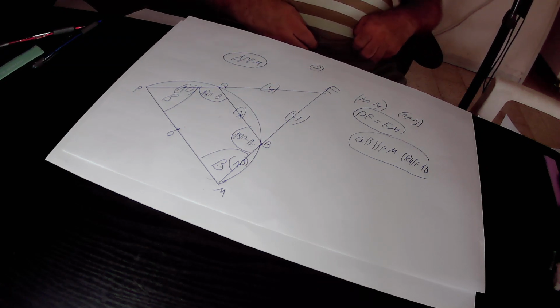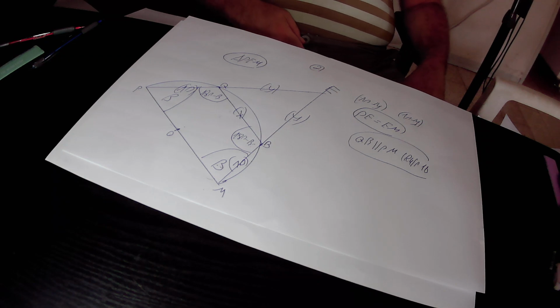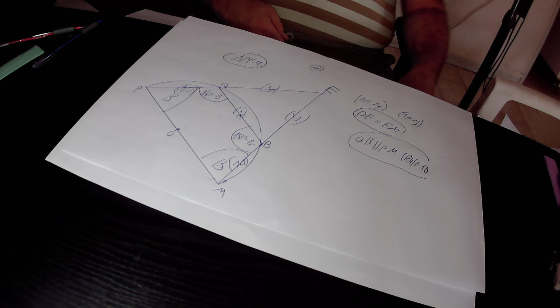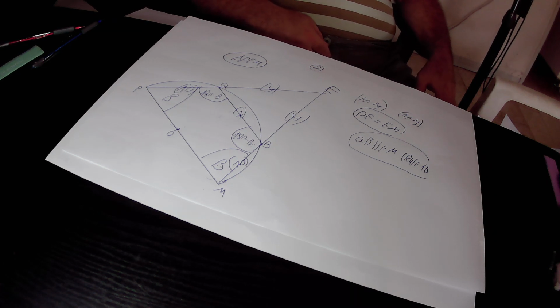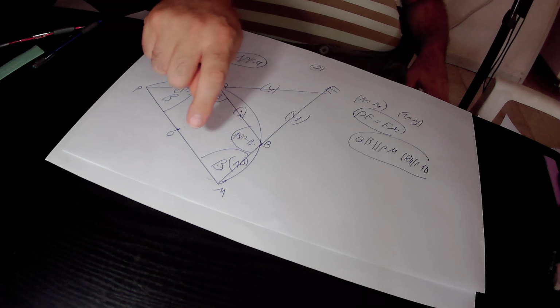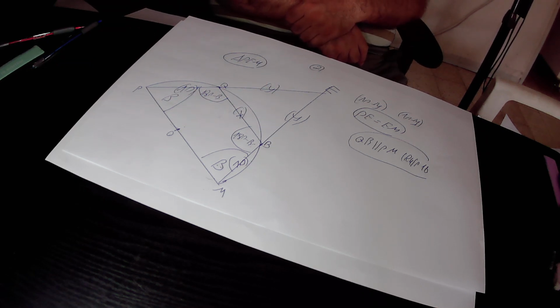And we have the rule that for any quadrilateral inscribed in a circle, the sum of its two opposite angles must be equal to 180 degrees.